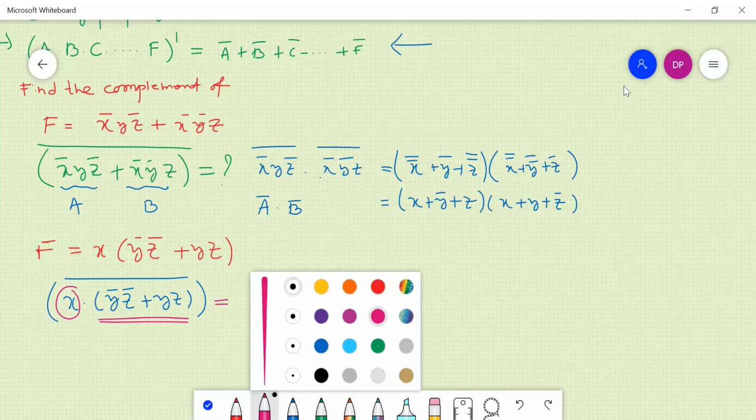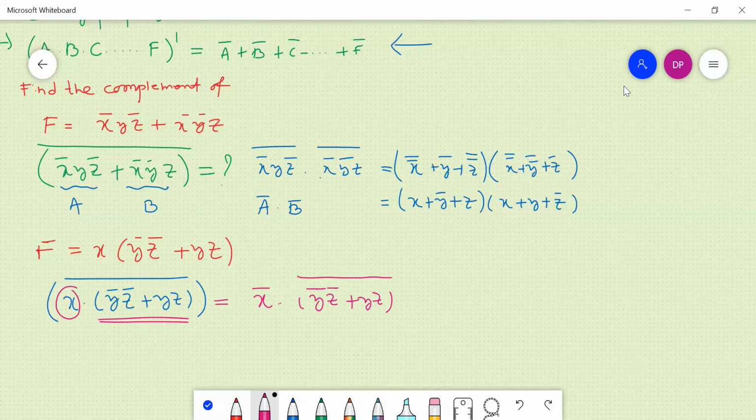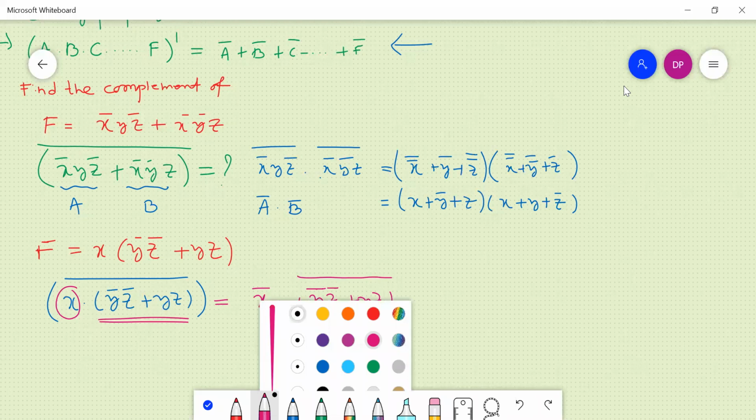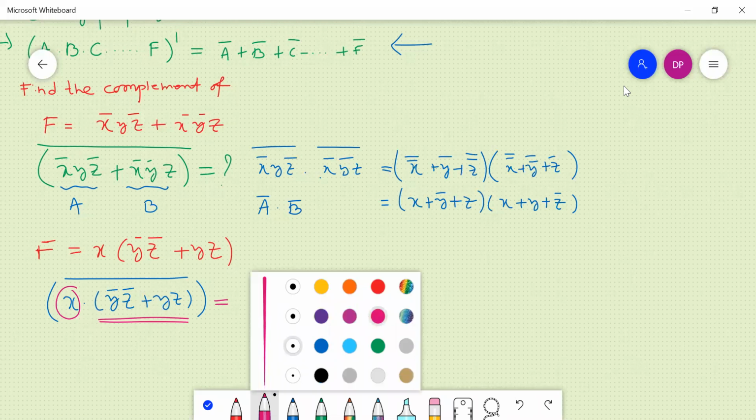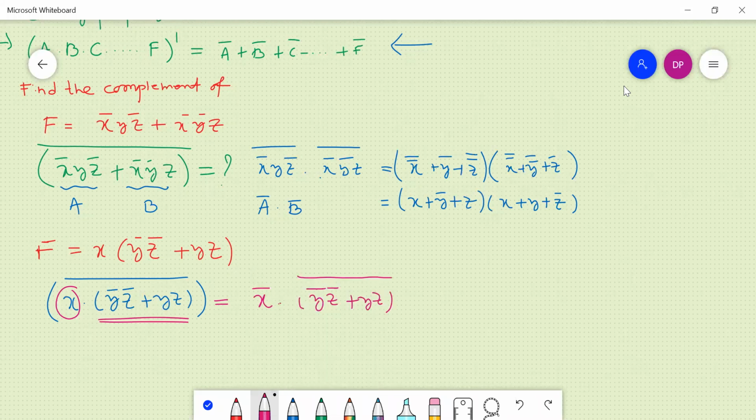Okay, there is a dot here. So Y bar Z bar, there is a dot here, is also like A plus B. Now, sir, A plus B whole bar means A bar dot B bar. So what we can write?